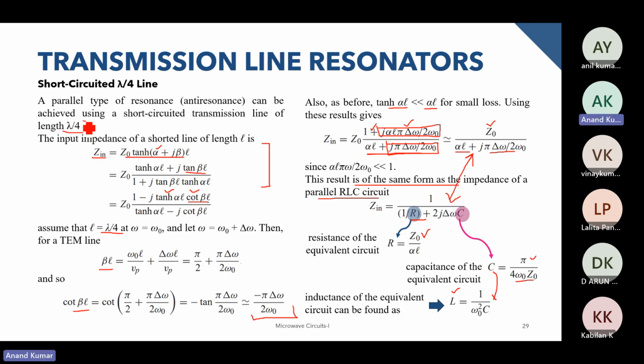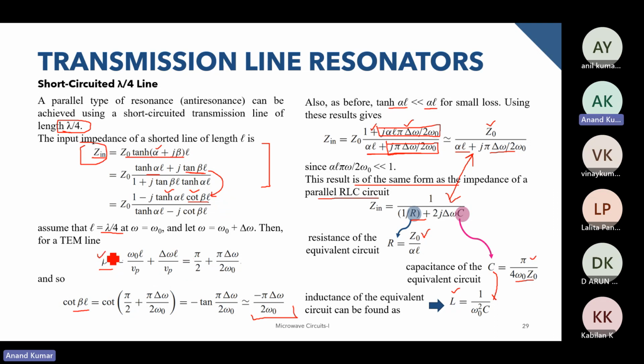Okay. So we had the length of the transmission line. We tried to find out the input impedance. For doing that, we had this tan beta L term, which we changed to a cot beta L term.